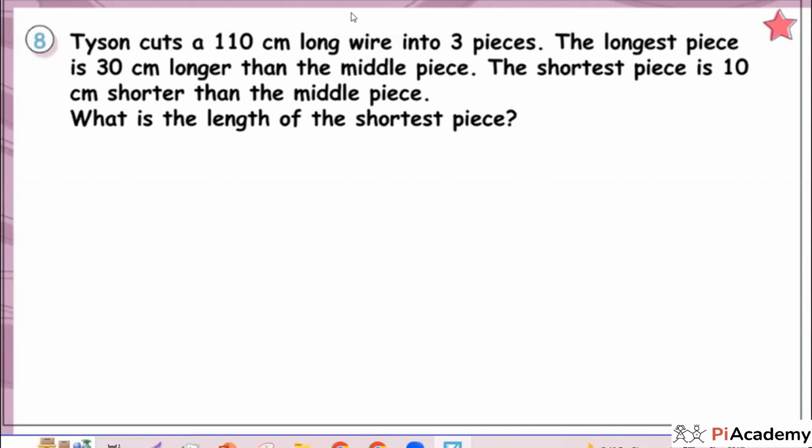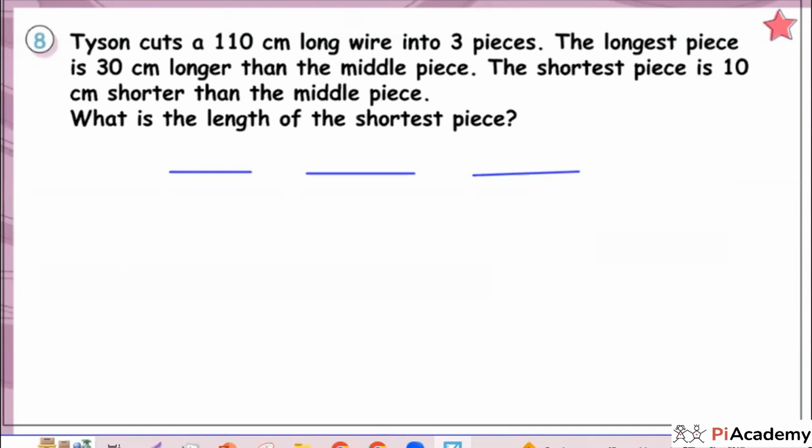So Tyson cuts the 110 centimeter long wire into 3 pieces. There are 3 pieces, right? For example, if I'm putting it like this, I am using straight lines. Let's say I'm using 3 pieces. I don't know the lengths, so I'm making them equal length right now, but it doesn't mean they are equal.